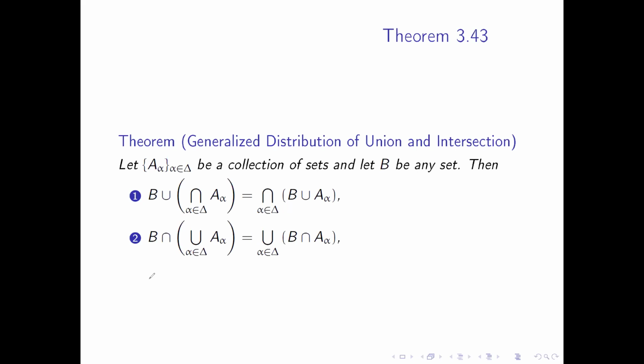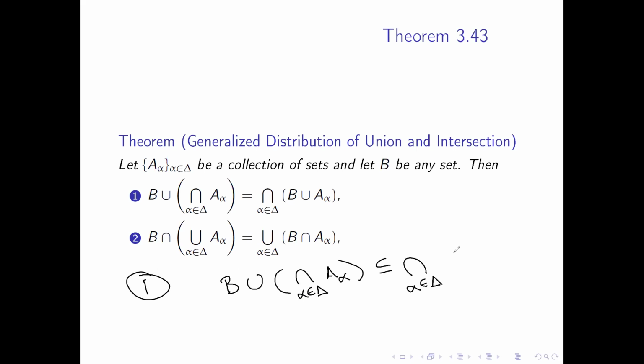For number one, I'm going to need to show that B union the intersection over alpha contained in delta of A alpha is a subset of the intersection over alpha contained in delta of B union A alpha. And so this is actually part one.